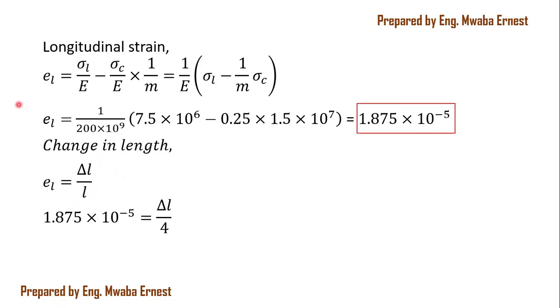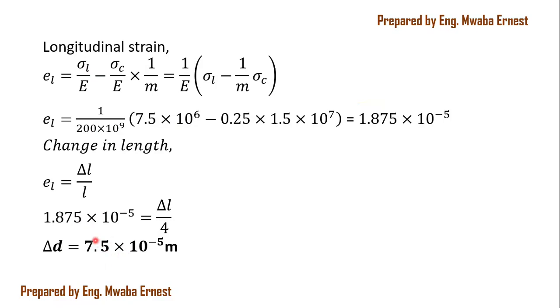The change in length we don't know, so we leave it as change in length, and the original length is 4, so we leave the 4 there. Then we make change in length the subject of the formula. Sorry, not change in diameter, but change in length.